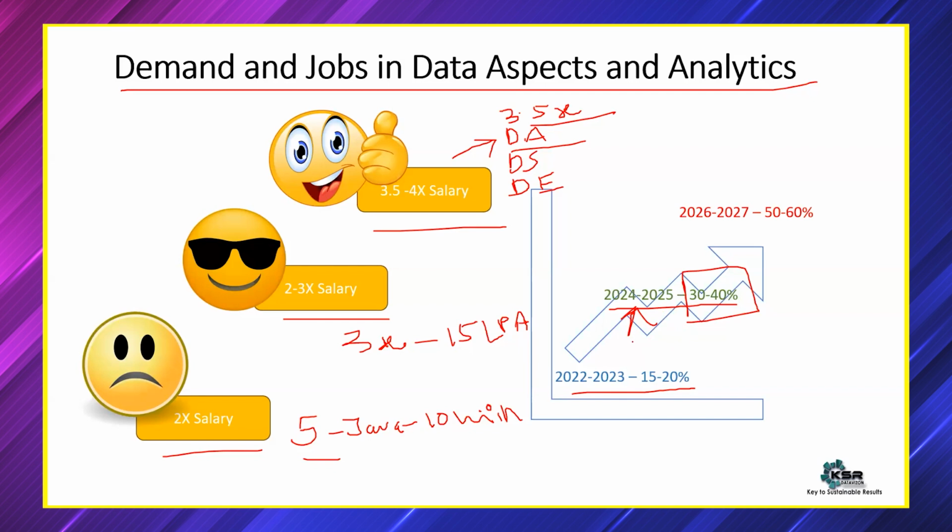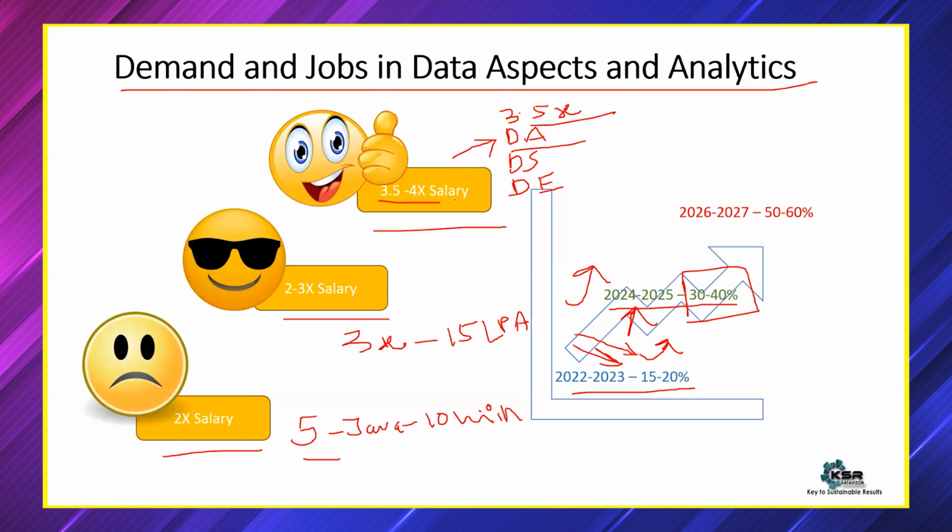In 2022 it went down, but jobs related to the data field did not go that far down. In 2023 it has picked up, and in 2024 you can expect a good increase in the number of jobs available for a data analyst.